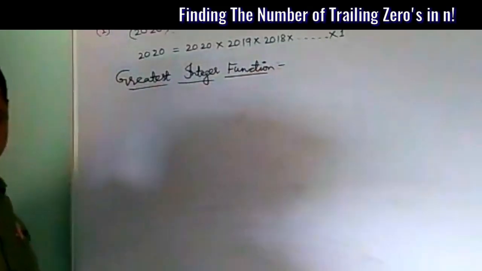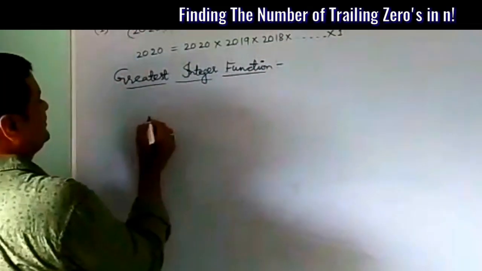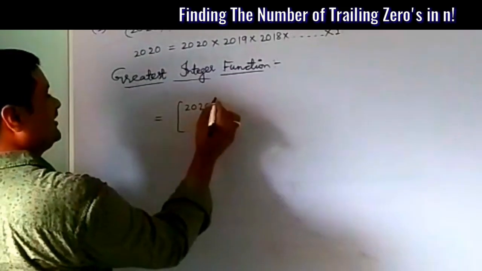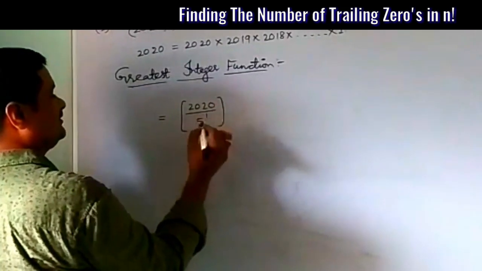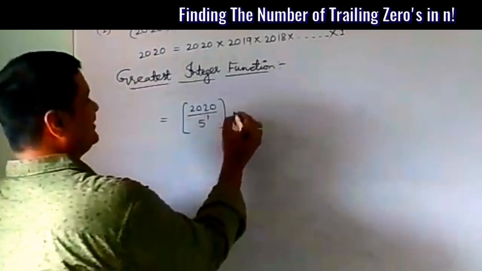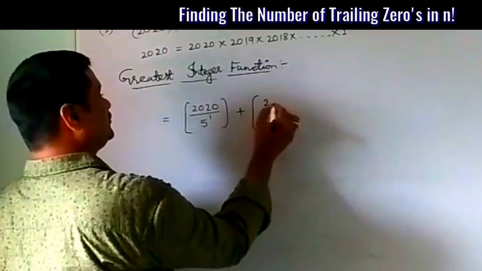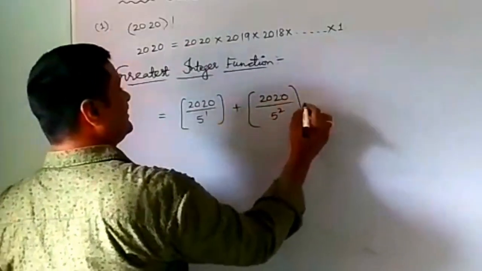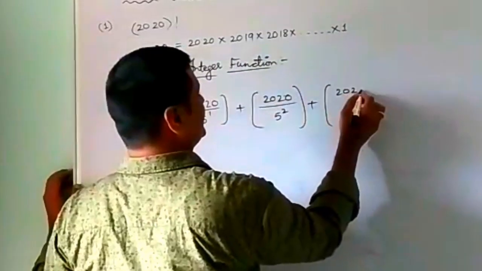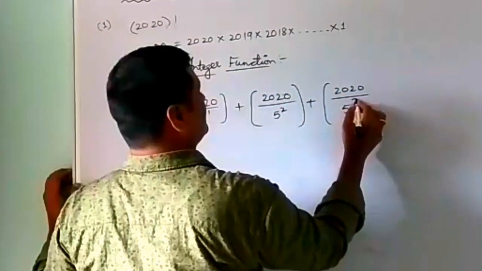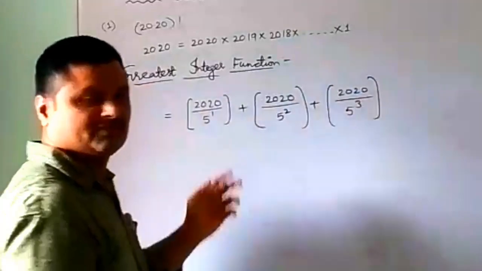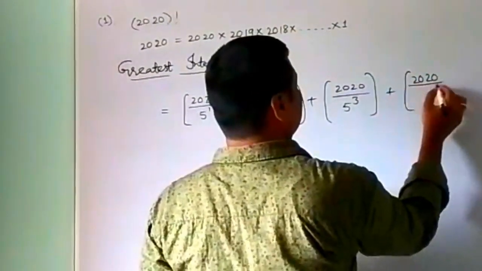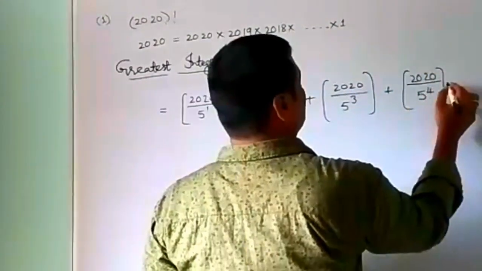Now consider our number. The number of zeros is given by the greatest integer function of 2020 divided by 5 power 1, plus the greatest integer function of 2020 divided by 5 power 2, plus the greatest integer function of 2020 divided by 5 power 3, plus 2020 divided by 5 power 4, and so on.